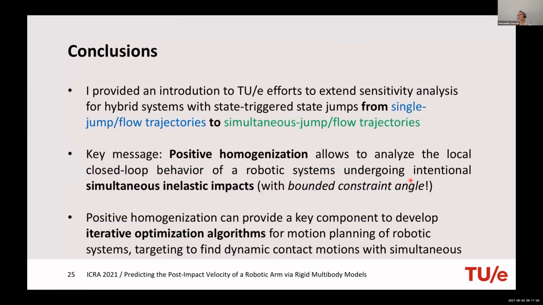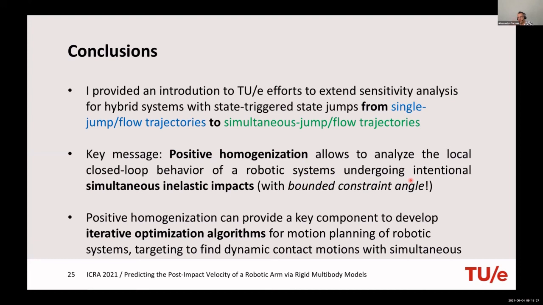And conclusions. I provided an introduction to efforts to extend this sensitivity analysis for hybrid systems from single jump flow trajectories to simultaneous jump flow trajectories. The key message is that we developed this concept of positive homogenization that allows us to analyze the local closed loop behavior, even open loop if you like, of a robotic system undergoing intentional simultaneous and inelastic impacts with this bounded constraint angle.